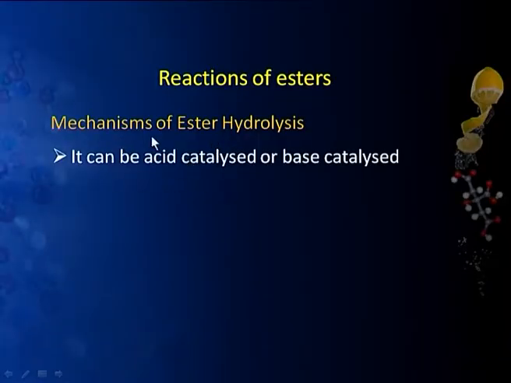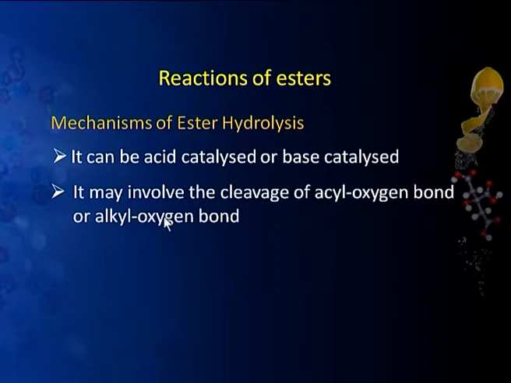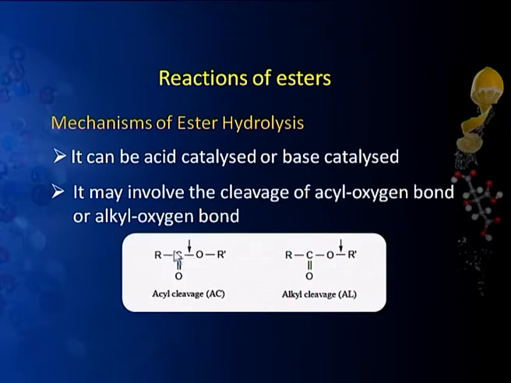Now the first thing we can say is that this ester hydrolysis can be either acid catalyzed or base catalyzed. Second, it may involve the cleavage of the acyl oxygen bond or the alkyl oxygen bond. What do you mean by acyl oxygen bond? Let us see. This is the structure of an ester. This is RCO, the acyl part.